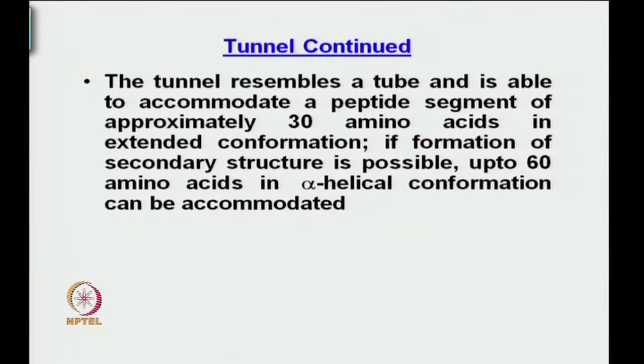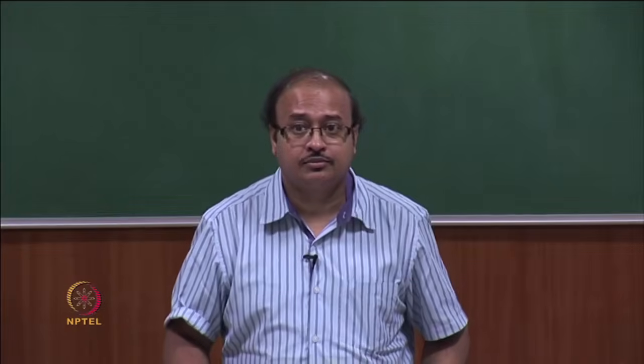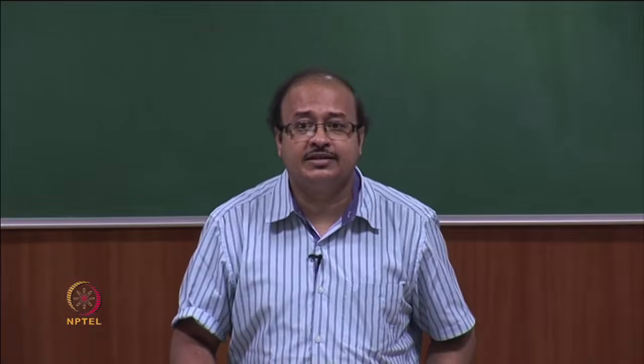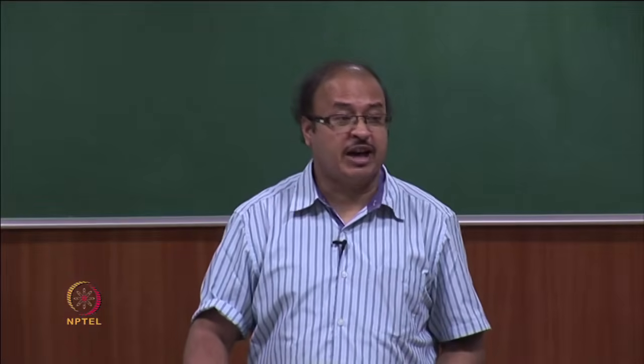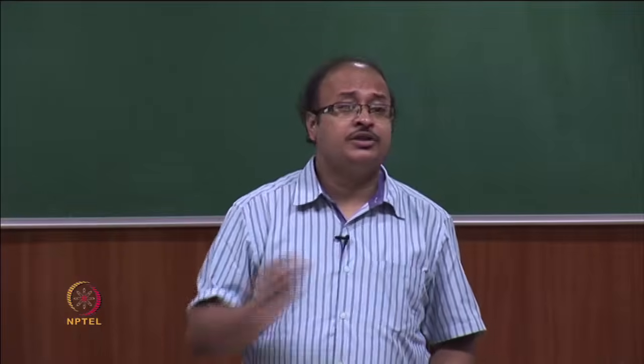So, some more information about the tunnel. The tunnel resembles a tube and is able to accommodate a peptide segment of approximately 30 amino acids in extended conformation. Now, if formation of secondary structure takes place, then up to 60 amino acids in alpha helical conformation can be accommodated. Now, this is very significant.